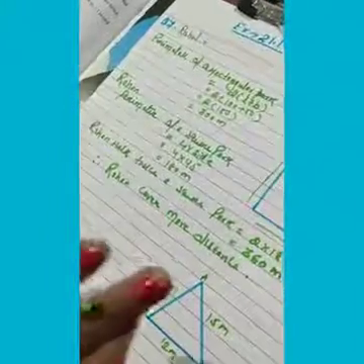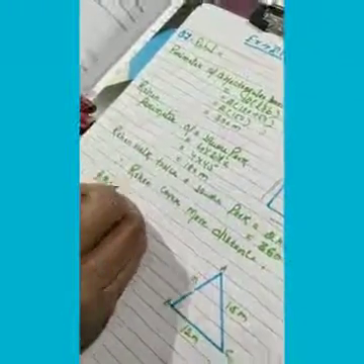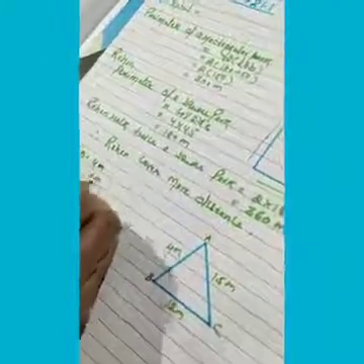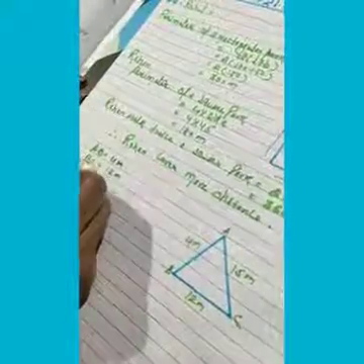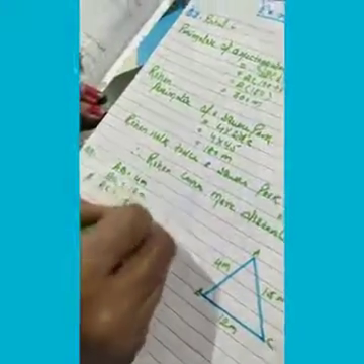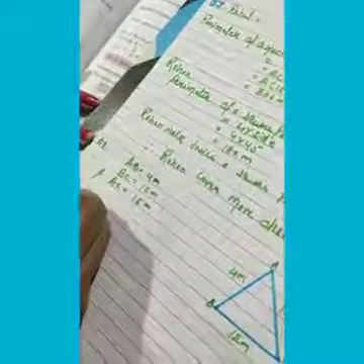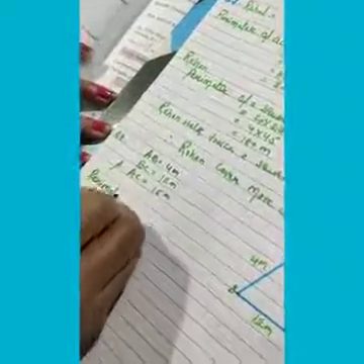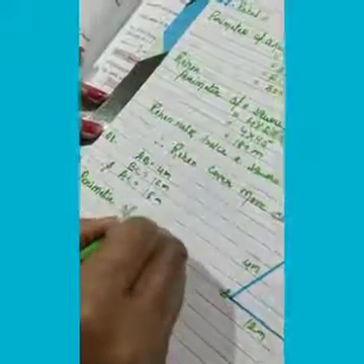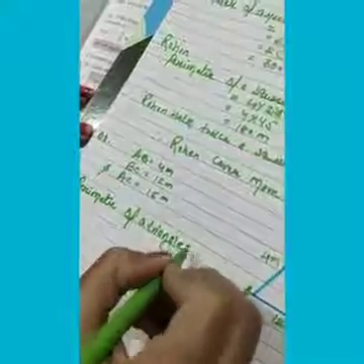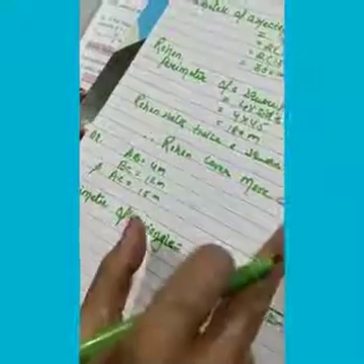walk. Simply what you have to do, first of all AB write 4 meter, BC 12 meter, and AC equal to 15 meter. Okay, we have to find out perimeter of a triangle. So perimeter of a triangle equal to add of all the sides.